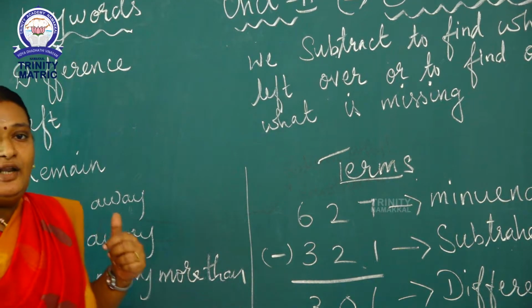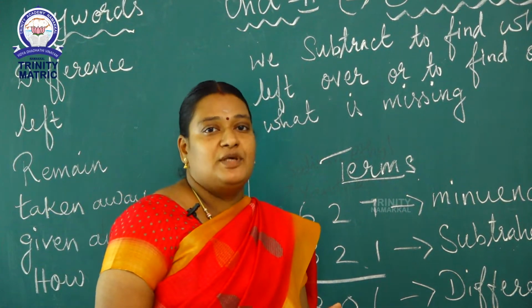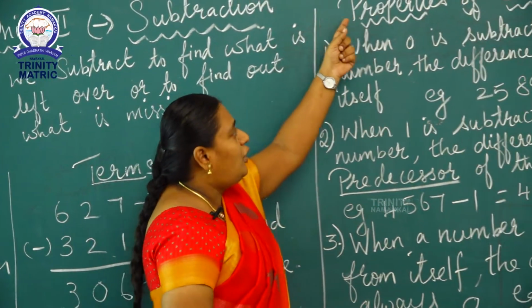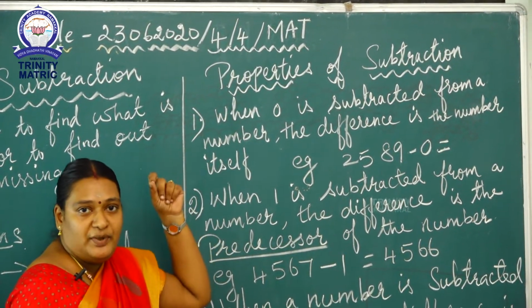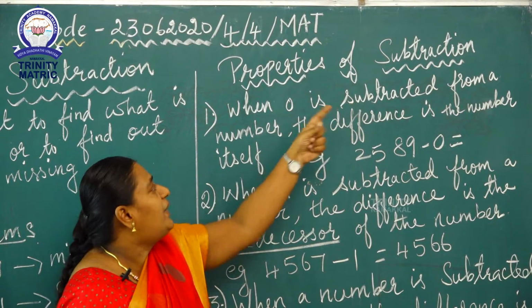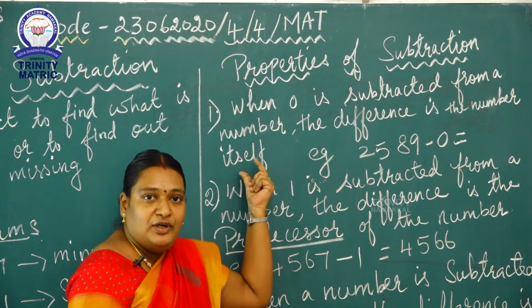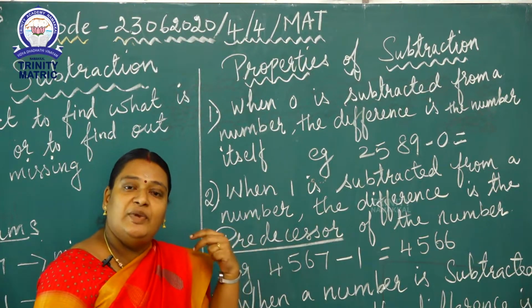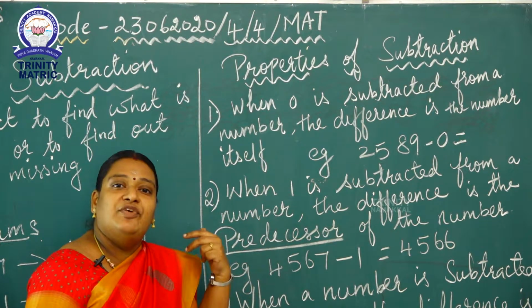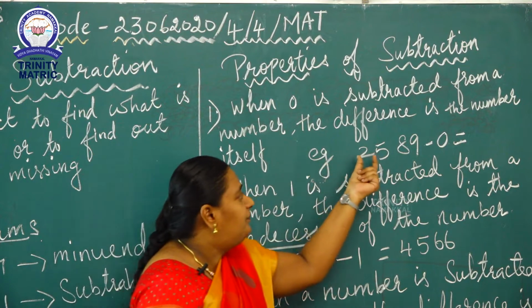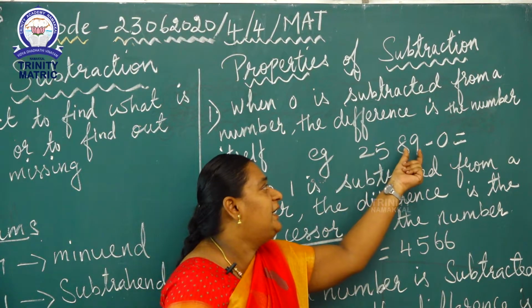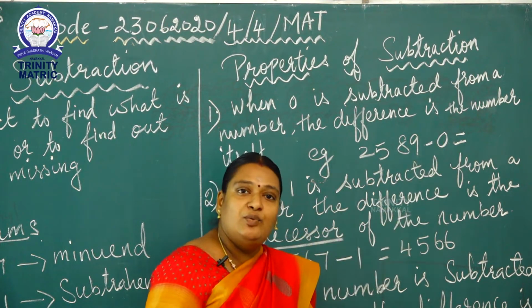Okay, children. Now let us see the properties of subtraction. First property: when 0 is subtracted from a number, the difference is the number itself. When 0 is subtracted from any number, the answer is the given number itself. For example, 2589 minus 0 is equal to what?